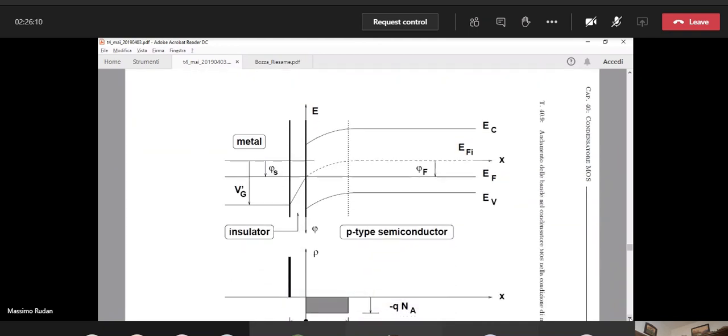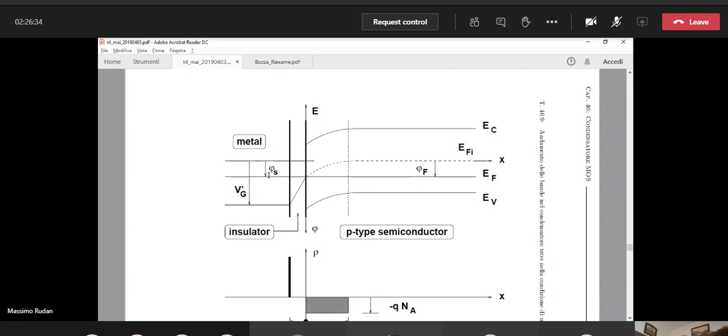The next figure is the mid-gap condition. If you look carefully, you see that Vg prime is positive. So we have attracted electrons to the surface and we have pushed away the holes from the surface.